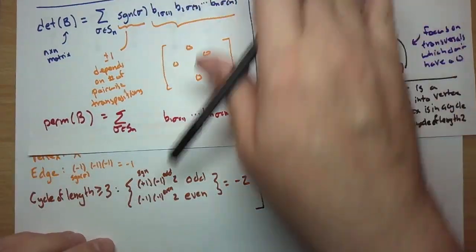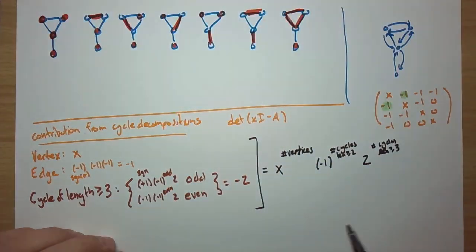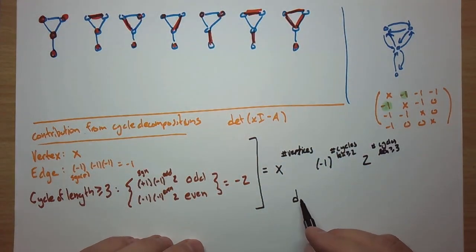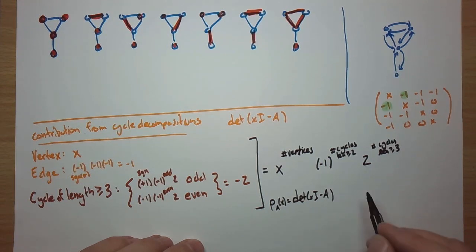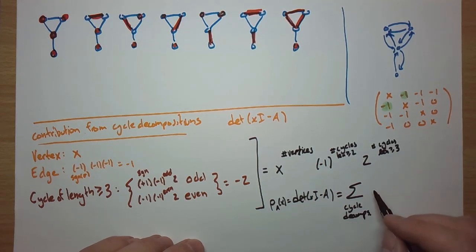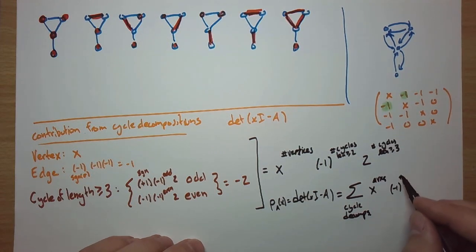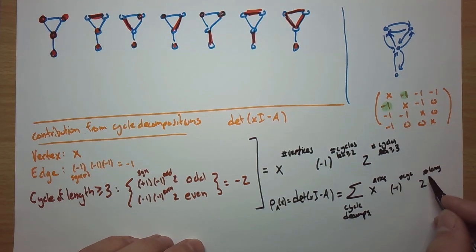So the punchline is that the characteristic polynomial for our adjacency matrix, the determinant of xI minus A, is the sum over all cycle decompositions of x to the number of vertices, times minus 1 to the number of cycles, where cycles include cycles of length 2, times 2 to the number of long cycles.